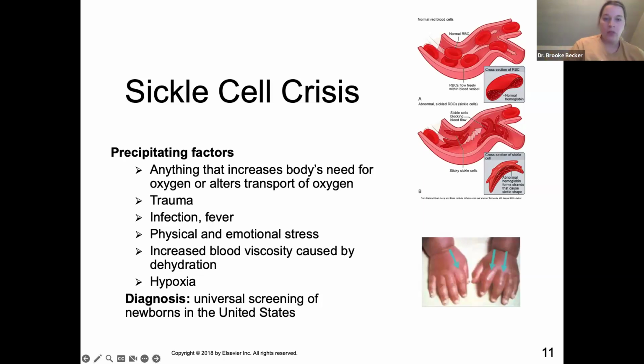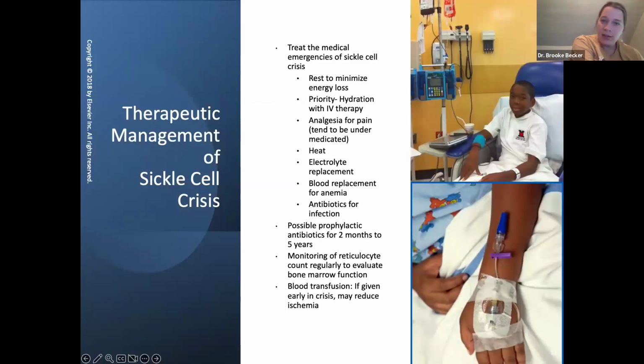So in treating sickle cell crisis, of course, you want to decrease those increased oxygen demands, so you want them to rest. You want them to improve their hydration status, so you want them to get IV fluids. Sickle cell crisis is very, very painful, so a lot of these kids are going to be on IV pain meds. Some of them are going to be old enough to have a PCA pump so they can use it on demand, if they're hospitalized in crisis.